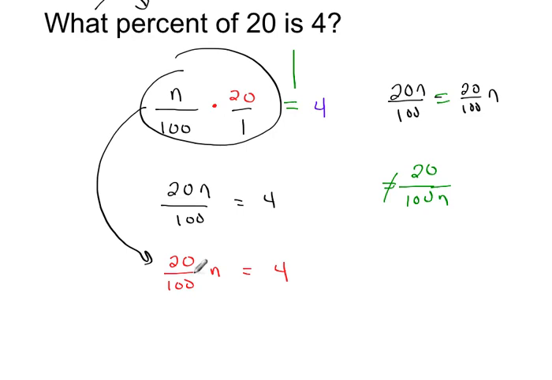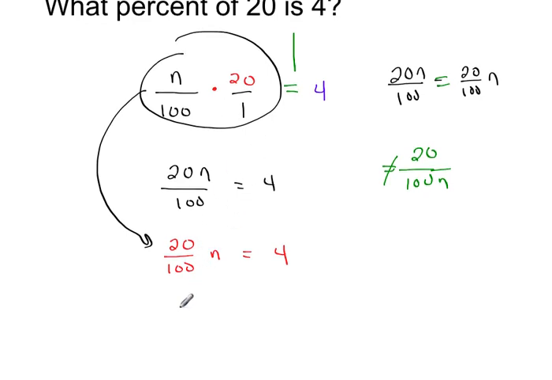And then once I'm here, what's 20 over 100 simplified? 1 over 5n equals 4. And I have the fraction 1 over 5 again. I don't want 1 over 5n. I just want n. How do I get rid of this coefficient 1/5? I'm going to multiply by its reciprocal, which is 5.